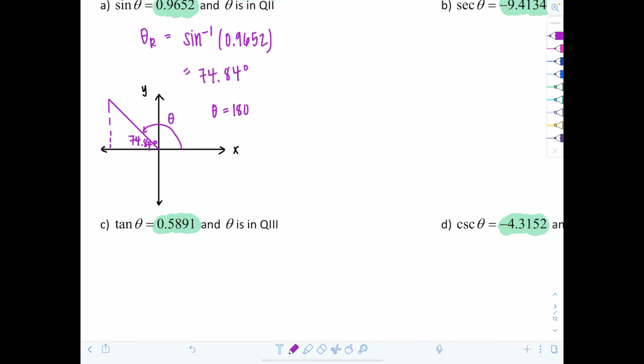So theta is 180 minus 74.84 degrees. Had we gone all the way to this side here, that would be 180, but we stopped short and there were 74.84 degrees left. So theta is equal to 180 minus 74.84, which is 105.16 degrees.